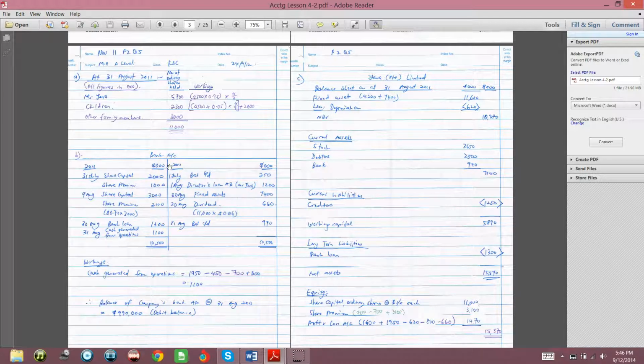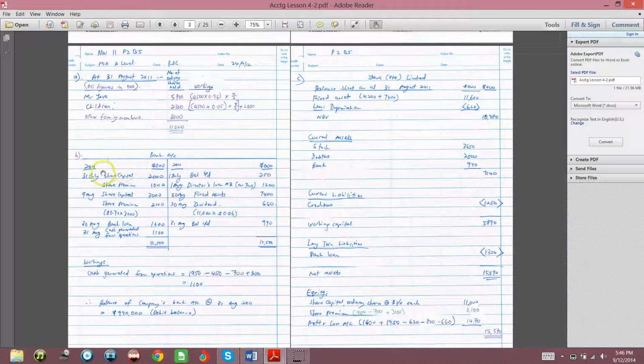Number 3, on 31 July 2011, Java Private Limited issued for cash an additional 2 million ordinary shares to his children at a price of $1.50. So from the question, we know that the par value of the ordinary shares is $1 each. So the company issued for cash 2 million ordinary shares to its children at a price of $1.50.